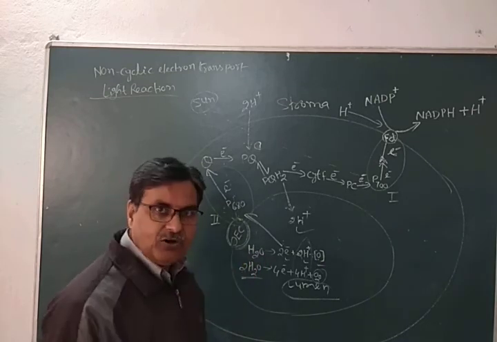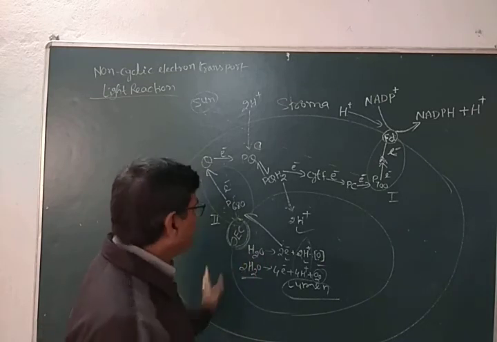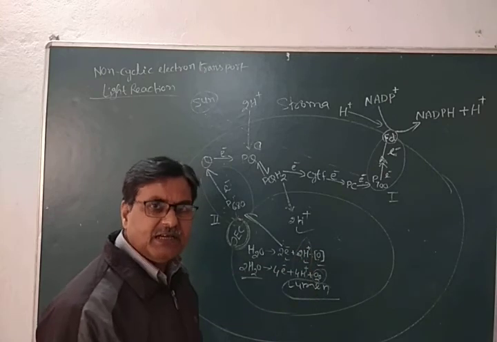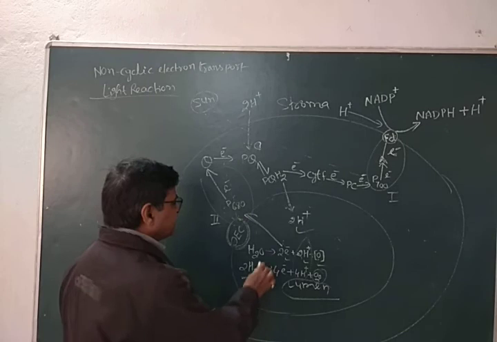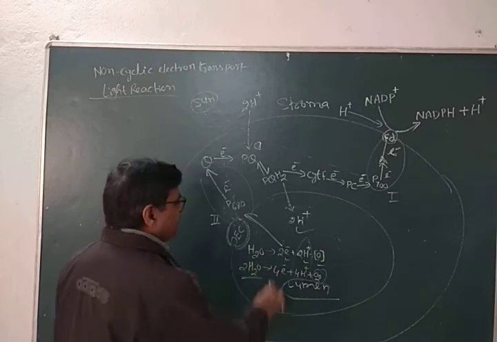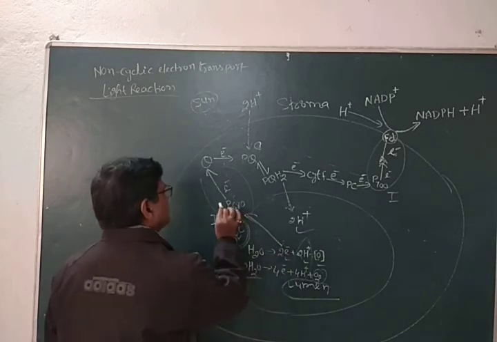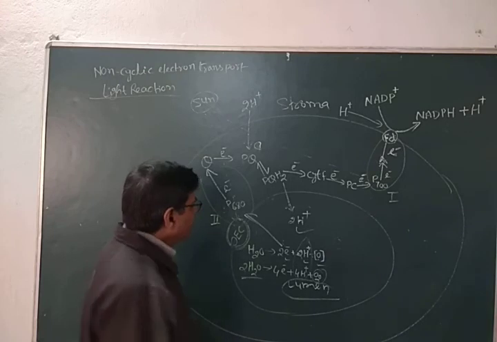So water oxidase, photolysis of water, photooxidation of water, and this photooxidation of water provides the electron for the reduction of photosystem 2.